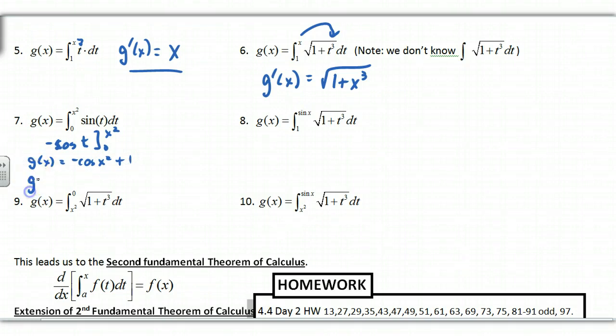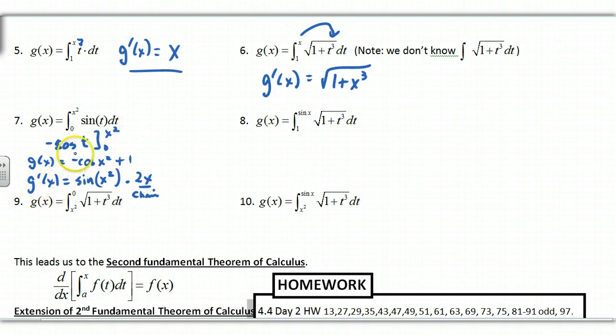If I take the derivative, g prime of x, what happens now? Oh, wait a second. I am going to get the sine of x squared, but what else do we need to do? Well, I need to chain by this. So this is the only little nuance that we have to additionally put in. The constant will go away again.